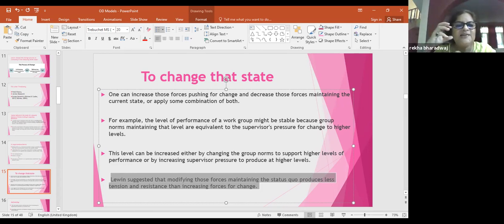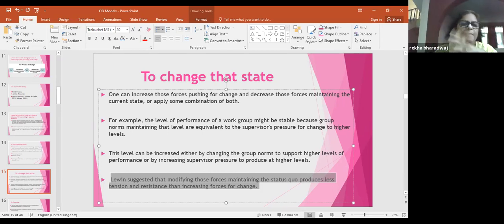They try to understand, in that negotiation meeting, how the workers will benefit, what will be the payoff to the workers, what will be the incentive to the workers. And that way, they are able to reduce the resisting forces.